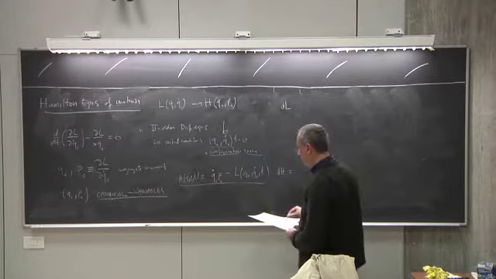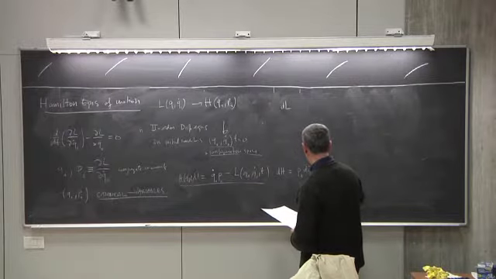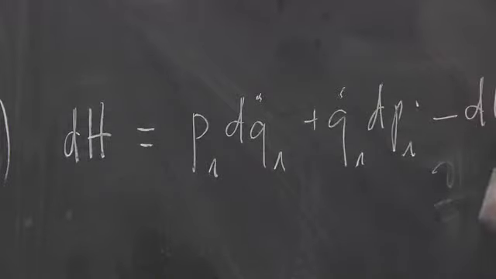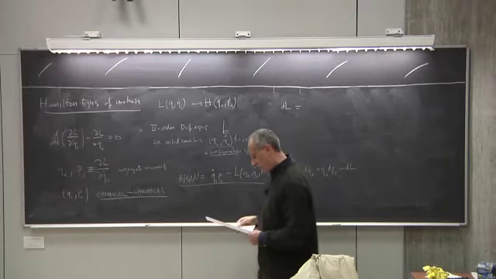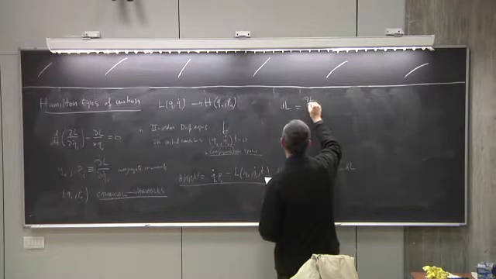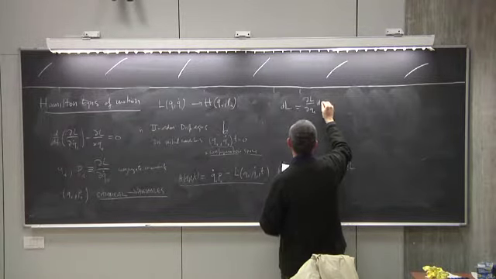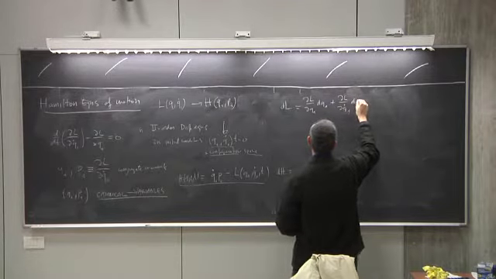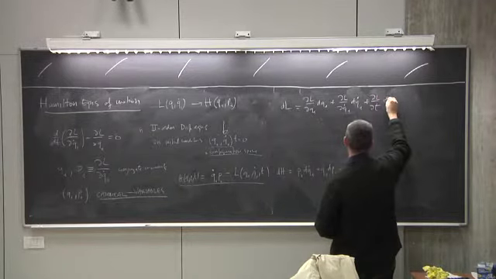You see, I have p_i dq_i dot plus q_i dot dp_i minus dL. This is dH from this definition. What is dL? This we wrote several times, right? It is ∂L/∂q_i dq_i plus ∂L/∂q_i dot dq_i dot plus ∂L/∂t dt, if there is an explicit dependence.